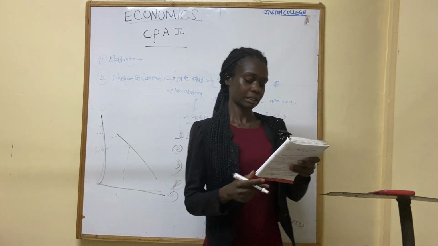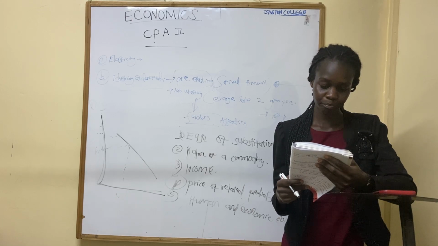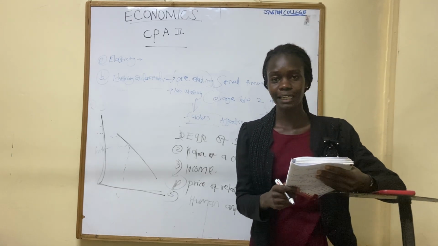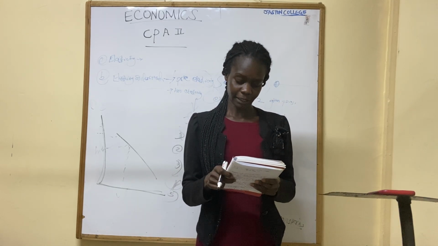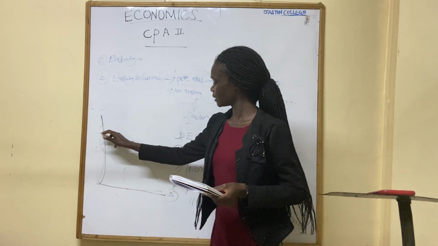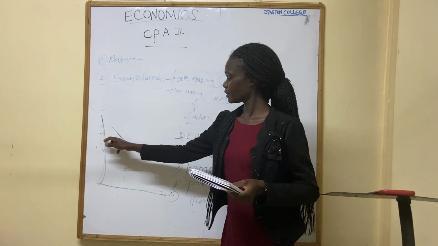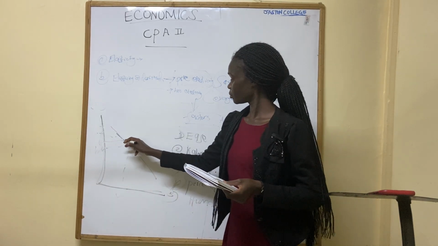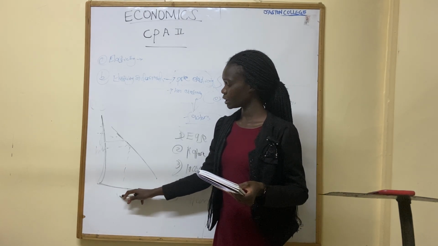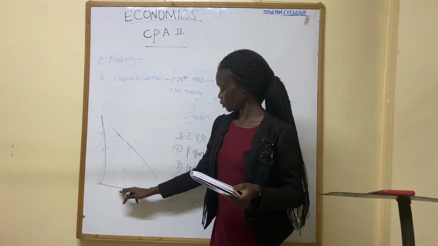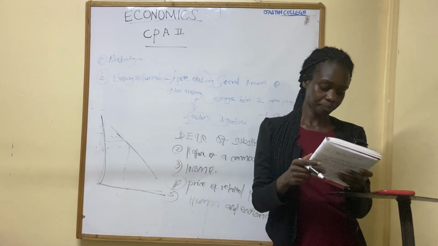The third one is unit elasticity demand. So unit elasticity demand is when the price changes, there is a change in the same proportion of the quantity demanded and the price. They change in the same proportion.